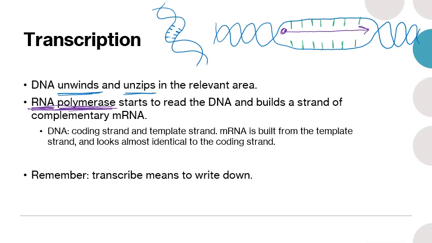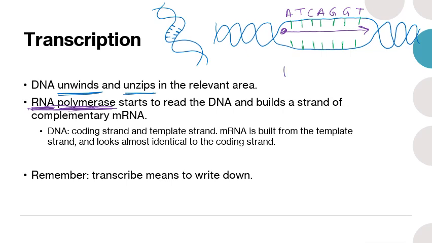And what's happening here is that as it's reading, if we have A, T, C, A, G, G, T, it's building a strand of complementary mRNA. So complementary to the A, well, it's normally T, but in RNA, we only have U's.